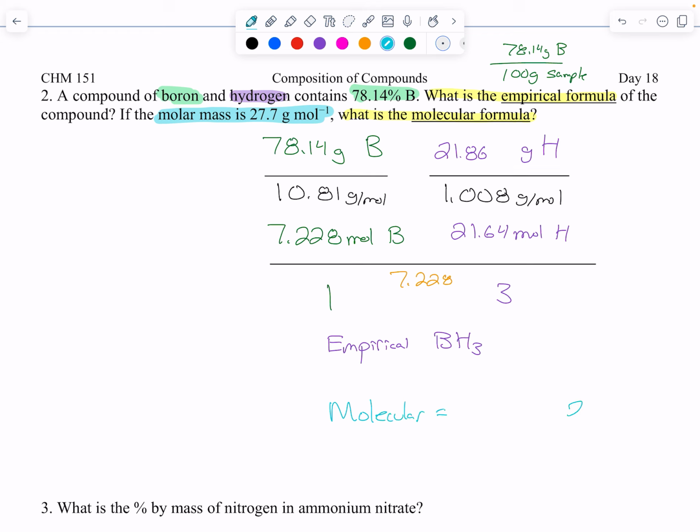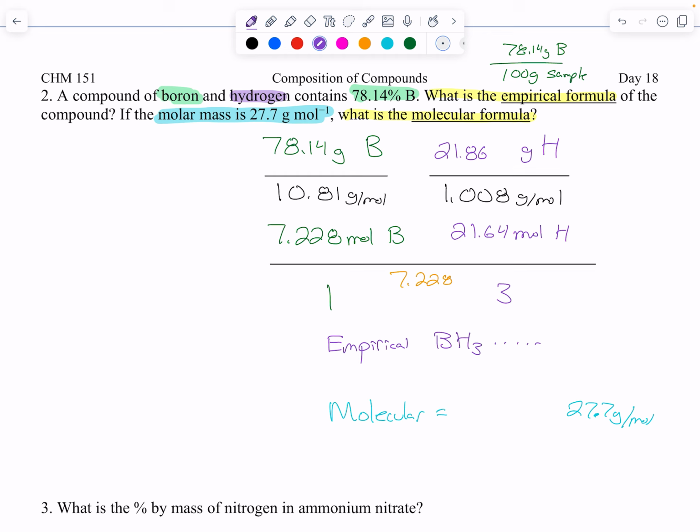I want to know what the molecular formula is. I just know it's 27.7 grams per mole. I know that the empirical formula is the lowest ratio of the molecular, so the molecular is a multiple of the empirical. What is the molar mass of BH3?